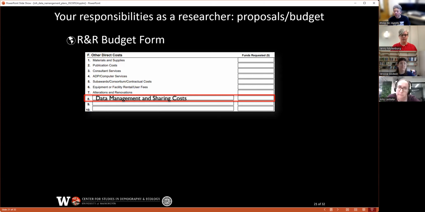Also on the forms, when you are actually doing the last details on the NIH forms, on the R&R budget form, you can include a line item for data management and sharing costs. They have items 1 through 7 that are kind of known costs, but you would include data management and sharing costs in the open-ended area.